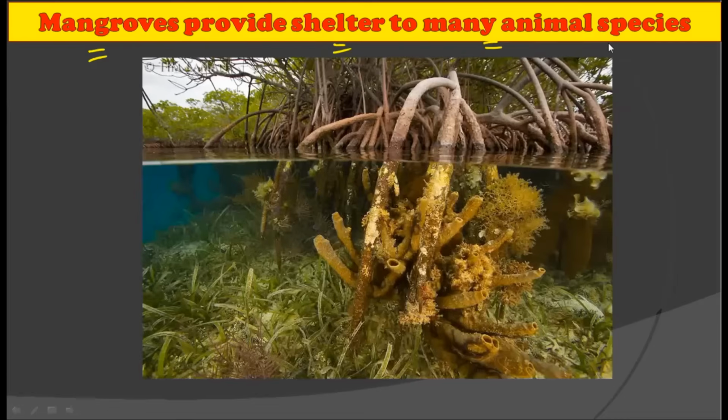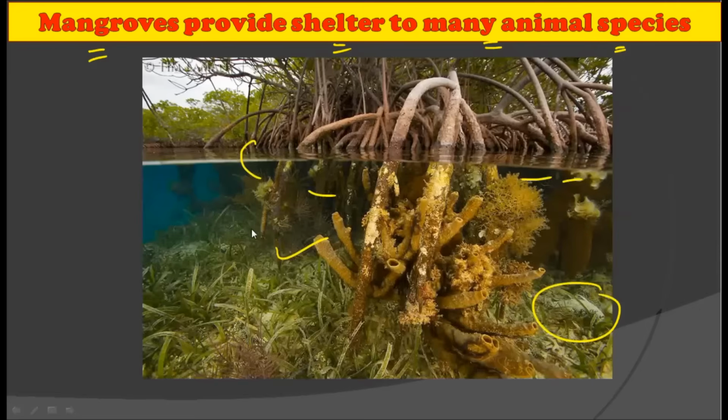All right. Now, the next thing we are going to see about the mangroves is that they provide shelter to many animal species. As you can observe in this picture, this is a typical mangrove tree, and there is a widespread root system of these mangrove trees. Now, below this root system particularly provides breeding grounds for many fishes. As you know, fishes use typical hideouts for their breeding purposes. So these mangrove roots are used by the fishes for their hideouts.